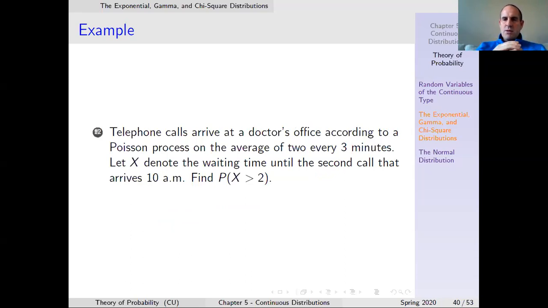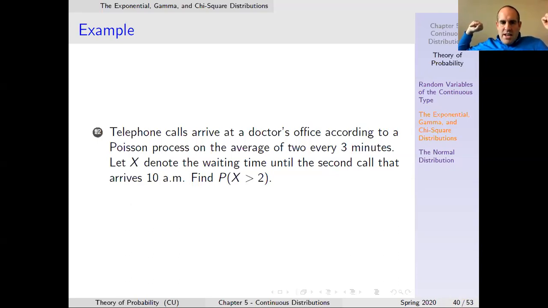The unit in quotation marks here is actually a 3-minute interval of time. On average, 2 every 3 minutes. So if they come 2 every 3 minutes, then in some sense I'm getting 2/3 of a call every minute. That's another way to think about it.